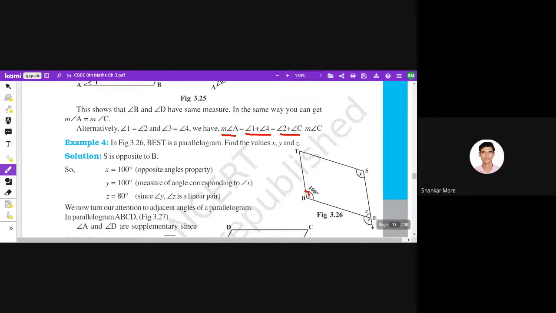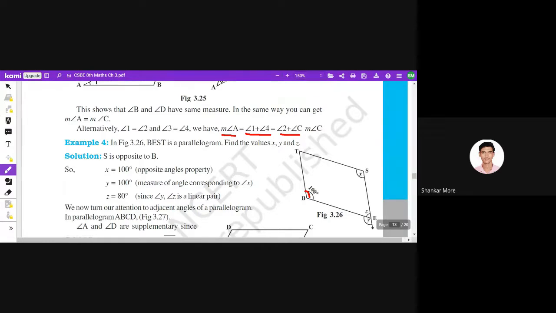So sorry, not degree Celsius, it is only 100 degree. मैं temperature में चला गया, I'm so sorry for that. Yeah, so angle B is equal to 100 degree. So what will be the measure of angle S, as angle S is opposite of angle B? So S का जो measure है that is equal to x, or that is equal to 100 degree itself, right?